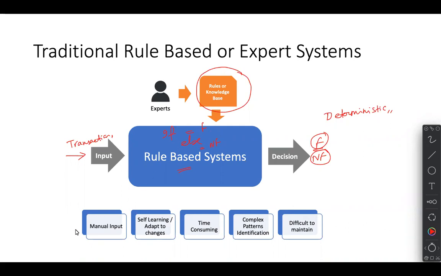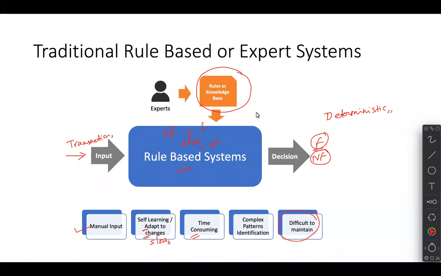So some of the limitations of this system are of course manual input of the rules, and adapting to changes is extremely slow. It cannot quickly adapt to changes, very time consuming, and configuring very complex patterns is also a kind of challenge in this kind of systems, and difficult to maintain.